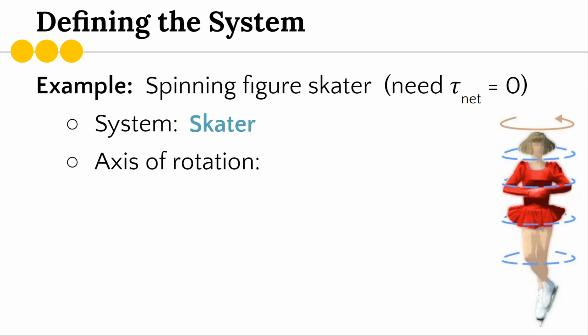My axis of rotation that the skater is rotating about is going to be through the skater's center of mass to the contact point between her skate and the ice, and it would look something like that. I put her center of mass kind of roughly in the center of her body, but it's wherever her center of mass is.